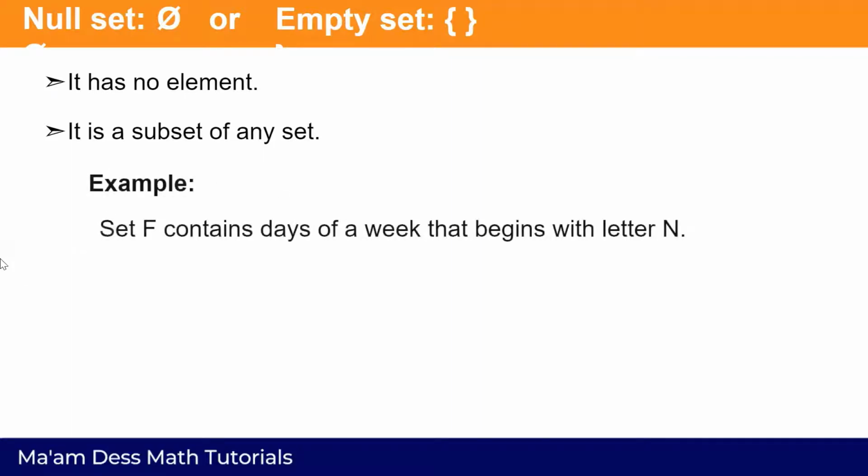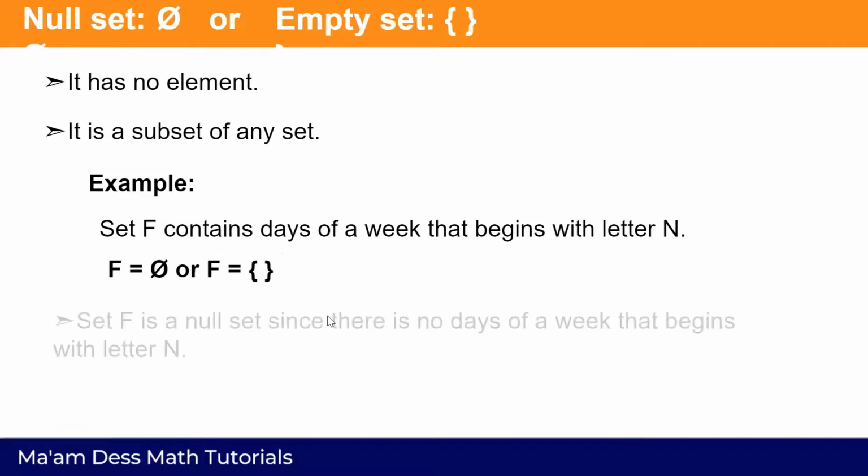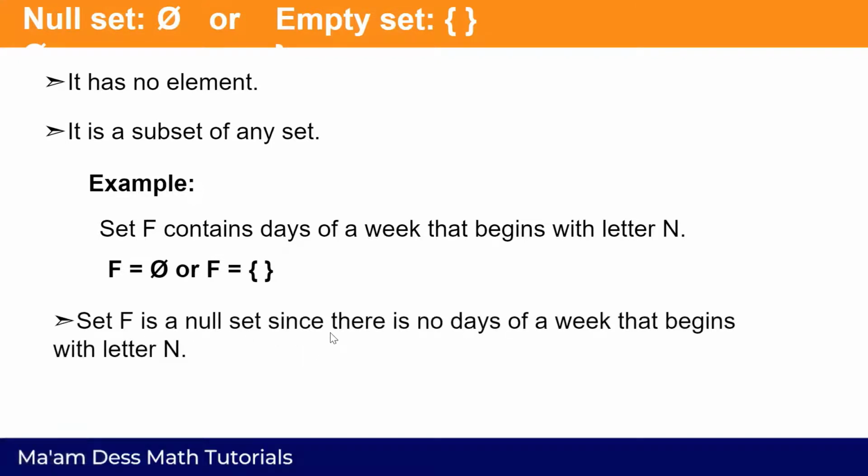Example, set F contains days of a week that begins with letter N. Alam po natin na wala naman pong days of the week na nagsisimula sa letter N. So, that's why it is a null set. Here is the symbol. Pwede pong ito yung symbol niya, or pwede yung braces na walang laman. Set F is a null set since there is no day of a week that begins with letter N.